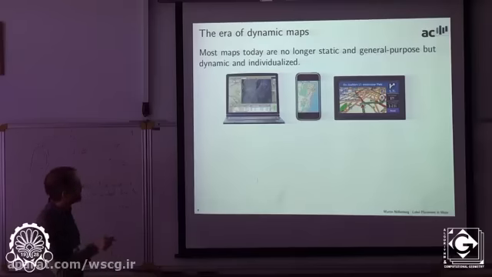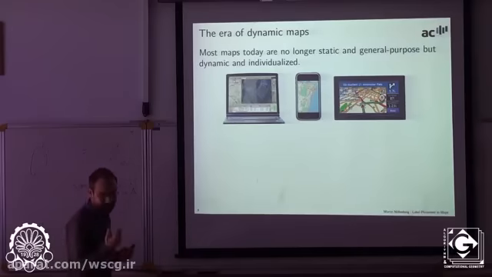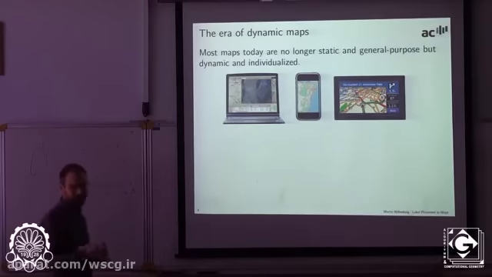And that means that they are also not this one map that is published every 10 years showing the geography of your country, but they are now way more dynamic. So new information can come in. They can be individualized, so you can filter your map for, say, restaurants of a particular cuisine in your area, and then it's always a different set of labels that you need to place. And such maps, it's hopeless to do manually. You cannot have people doing that on demand.